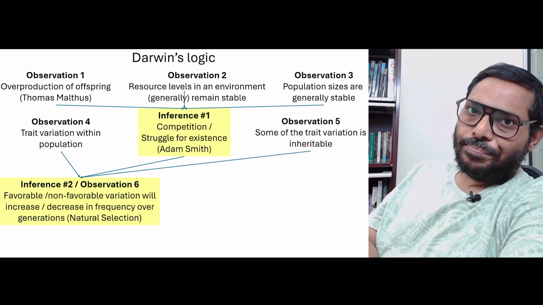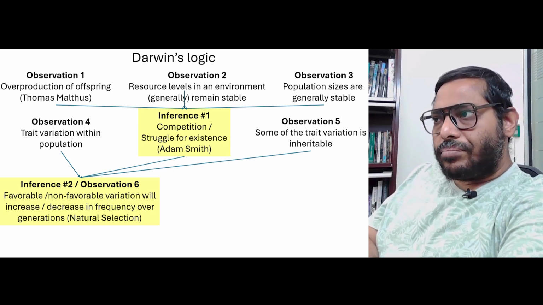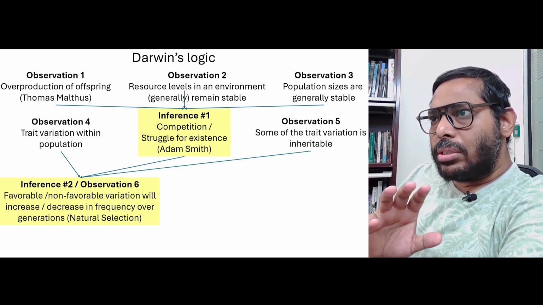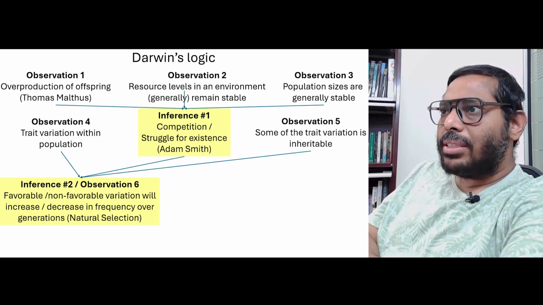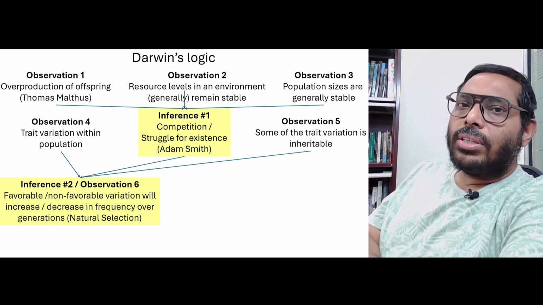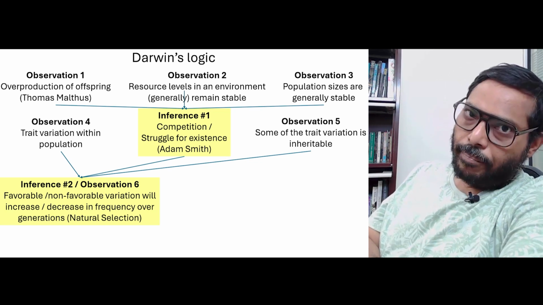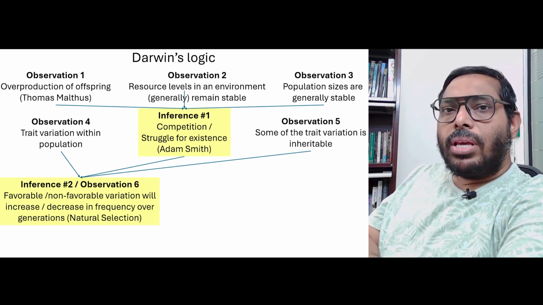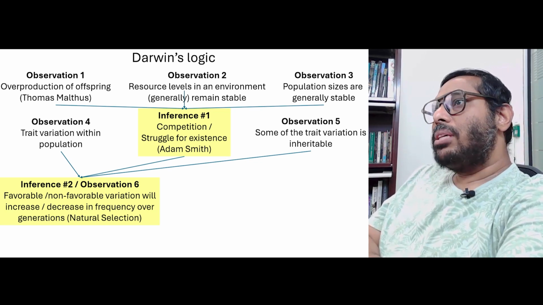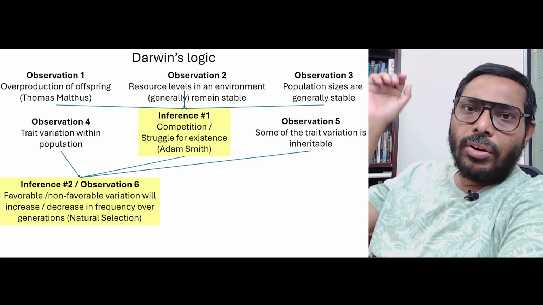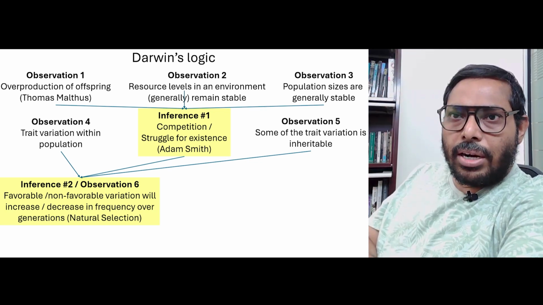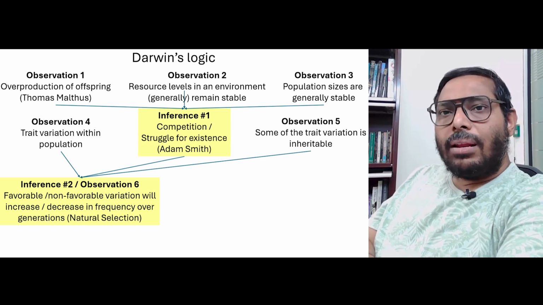next generation. Now, Darwin, since he was trying to get an analogy for this, got an analogy from the practice of breeding. Now, remember, human beings have been breeding animals and breeding crops for thousands of years, probably ever since they started domesticating plants and animals.